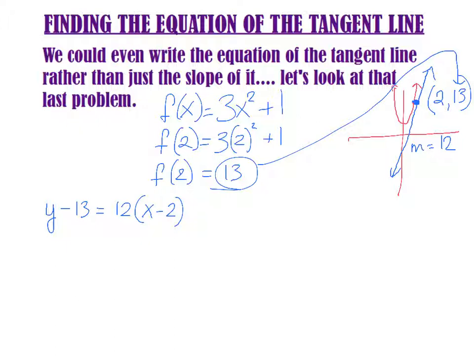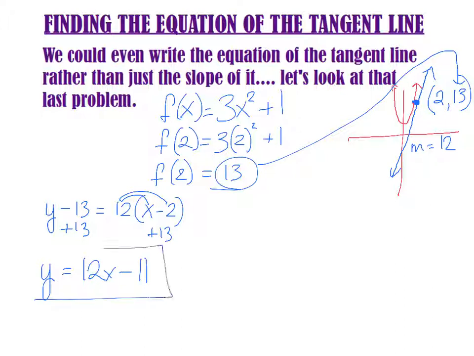And then if we wanted to put that in slope-intercept form, and we typically will end up in slope-intercept form, you're just going to distribute to get rid of your parentheses and add the 13 to the other side. That's going to get us y equals 12x, and then I'm going to have a negative 24 plus 13. That's going to be a negative 11. And this, ladies and gentlemen, is the equation of the tangent line.